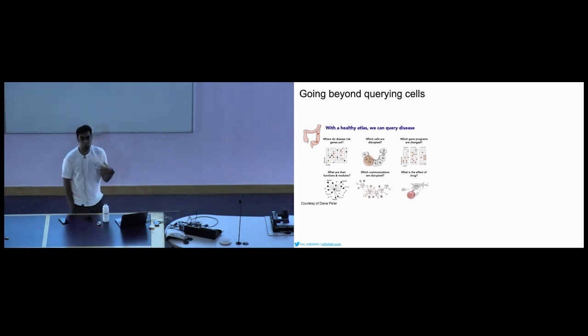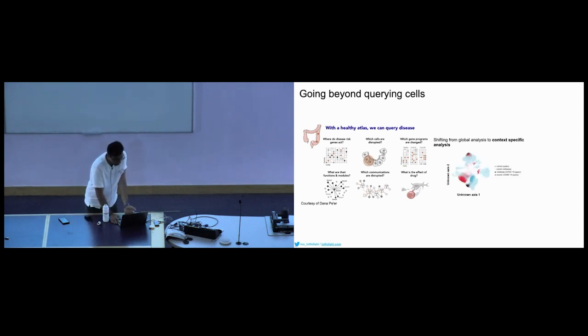Which cells have been disrupted? Which cell communication has been disrupted? Or what is the effect of a certain drug? And many other questions, like what are the genes that are risky for disease?